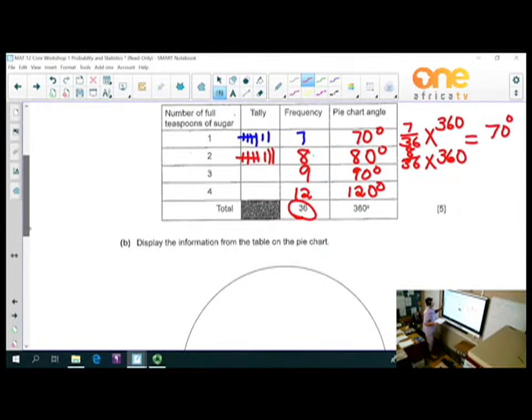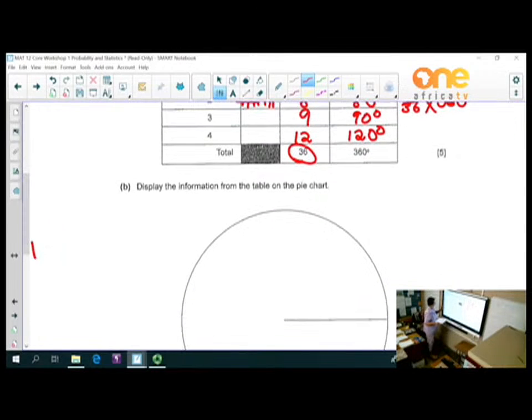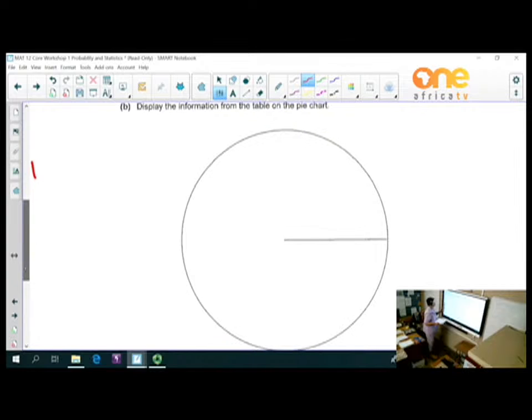Now we have to display this in the pie chart here, in your pie chart. Now, they've given you the circle, and we have a radius, and we're going to start here. You will need your protractor. So I need my protractor, and this is how I'm going to do it. It's a little bit difficult on the board because I can't touch the board now there. So the first one was the 70 degrees.